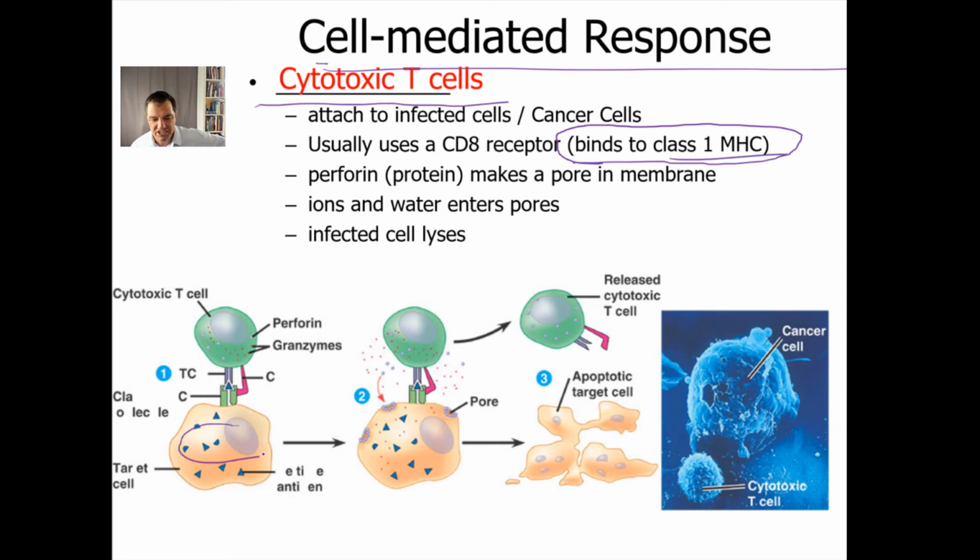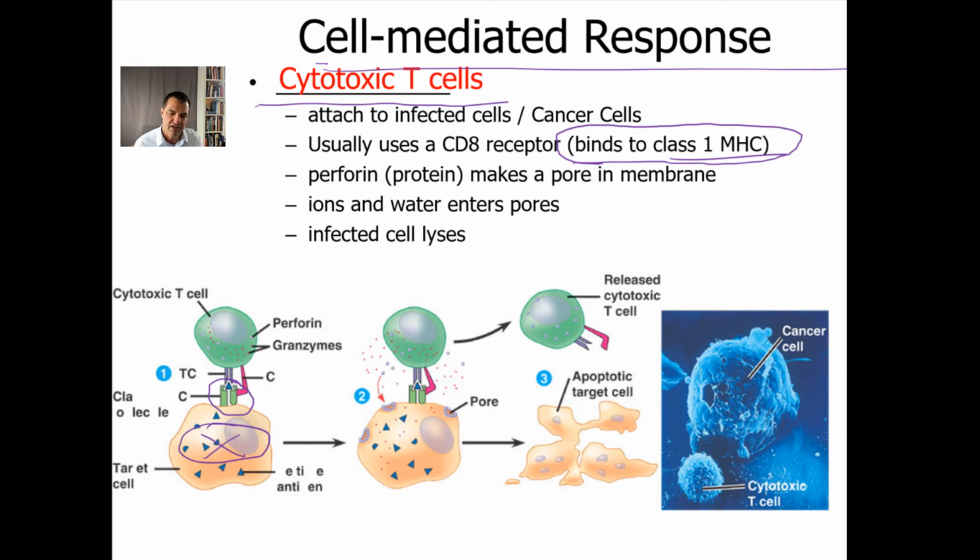So let's say this is your cell here and you've been smoking your whole life or doing something bad or eating nothing but hot dogs, something that could maybe give you cancer, whatever that might be. And so this cell over time gets damaged, and as it gets damaged in a way where it becomes cancerous, it starts to produce a class 1 MHC that isn't perfect. It's not exactly the same. It doesn't look like it's supposed to.